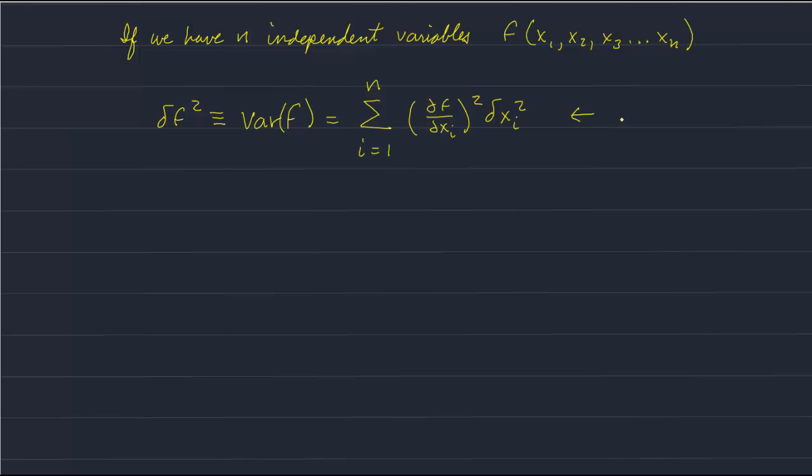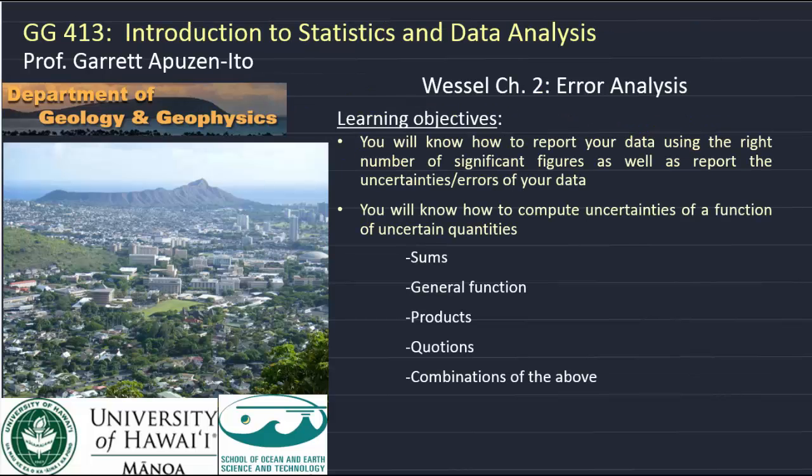And this is the same as equation 2.37 on page 18 of Wessel's book. Okay, so that about does it for computing uncertainties of functions. You'll get to practice and hone your skills more in your homework.